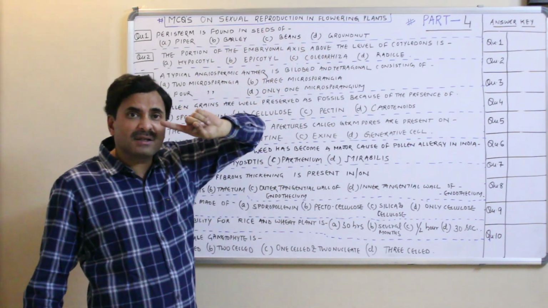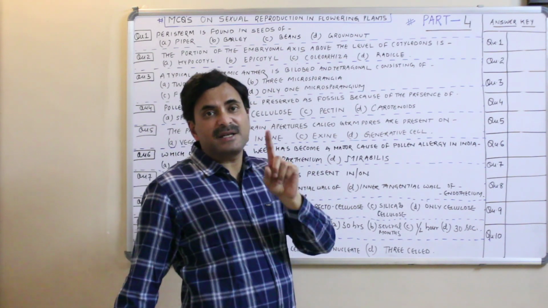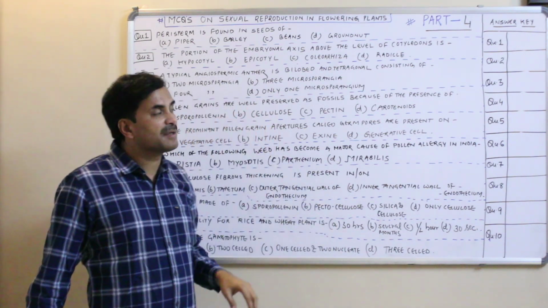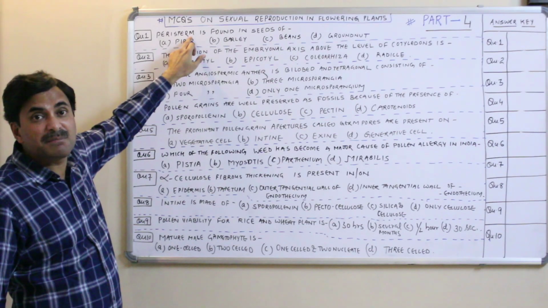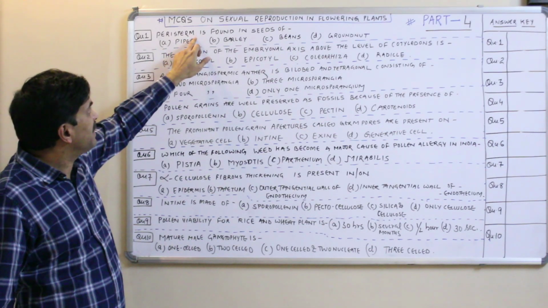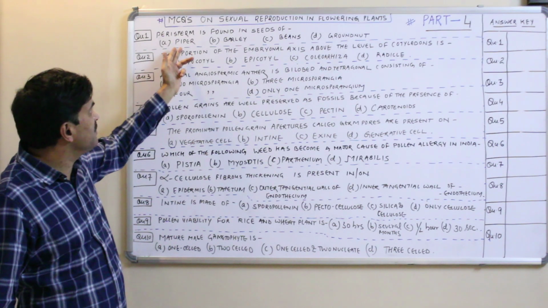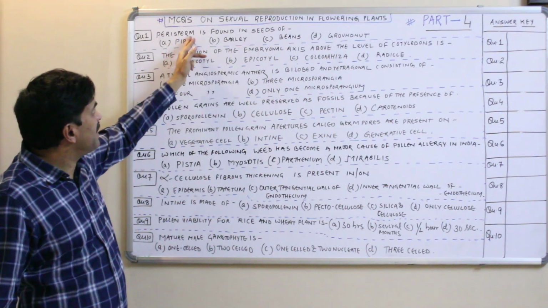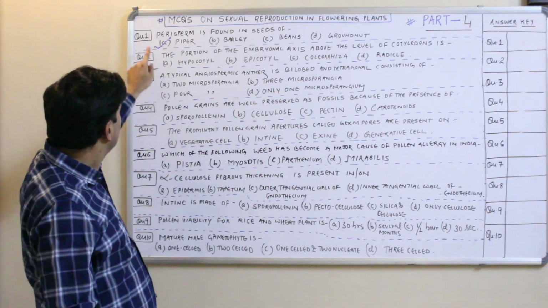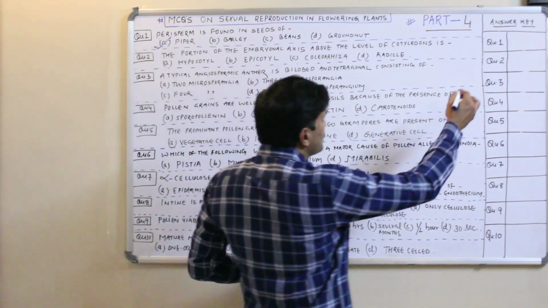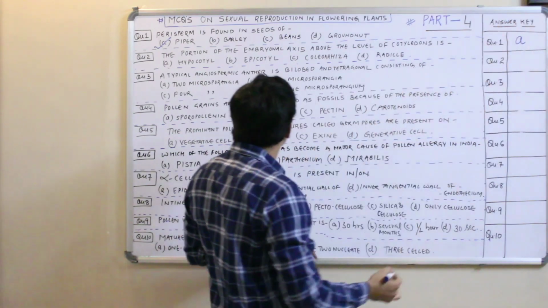In NCERT it is clearly written that in piper and beet the perisperm is found. So here the option is A, piper. Question number 1 has the answer A.